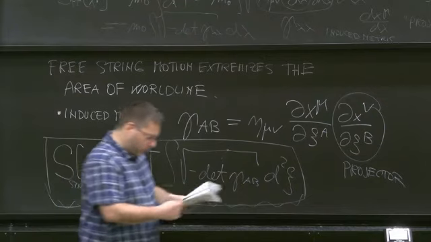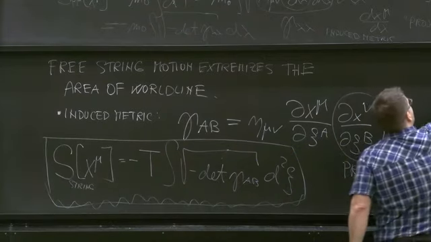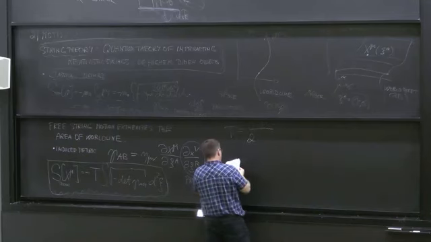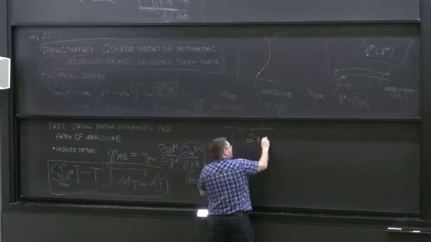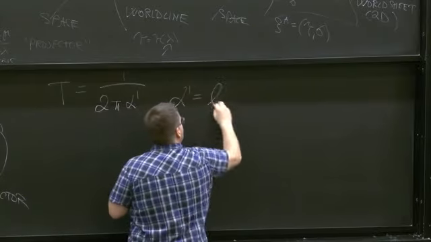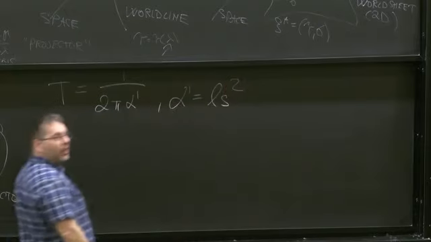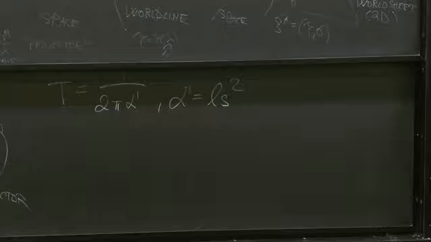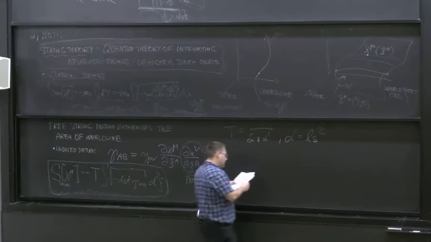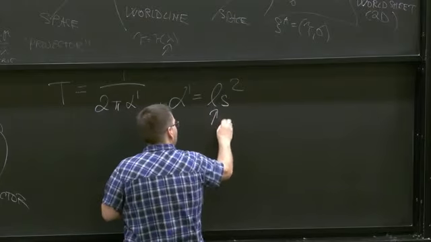And what people typically do is set T equal to 1 over 2 pi alpha prime, where alpha prime has units of length squared, so that my action is dimensionless, and this l_s will be the string length.